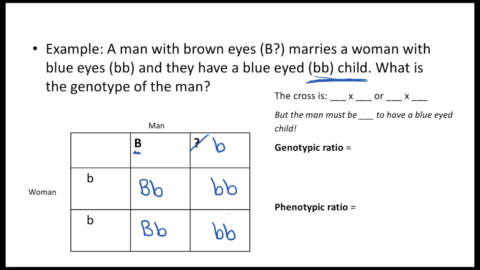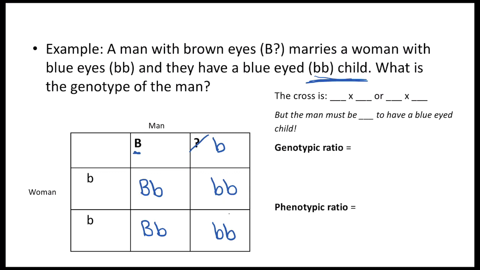Because one copy of the allele has to come from dad, he needs to be heterozygous, big B, little b, because otherwise he would not be able to have a blue allele to pass on to the child, meaning that there would be 0 possibilities that his child could have blue eyes.